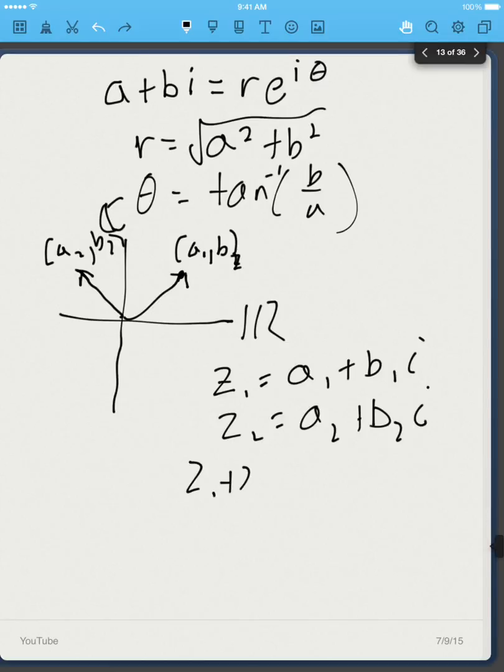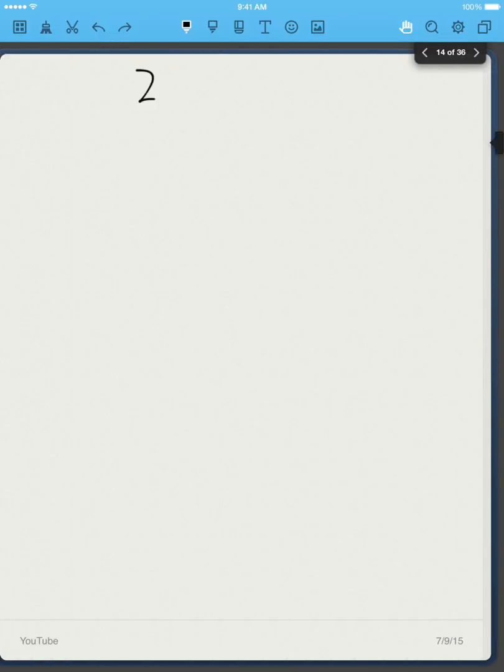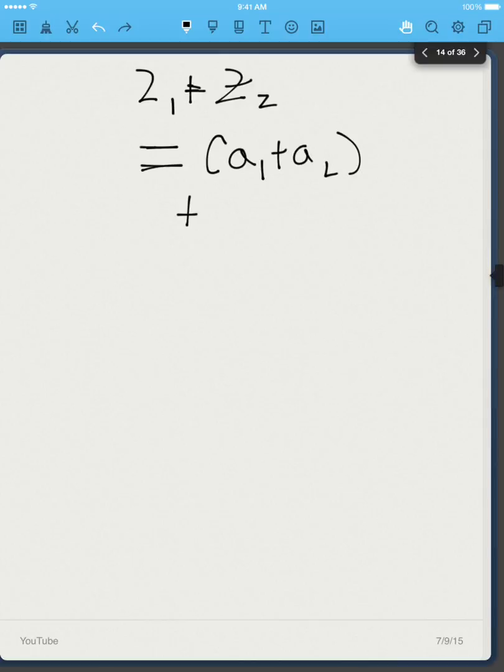So z1 plus z2 will equal a1 plus a2. This will be the real part, plus b1 plus b2.